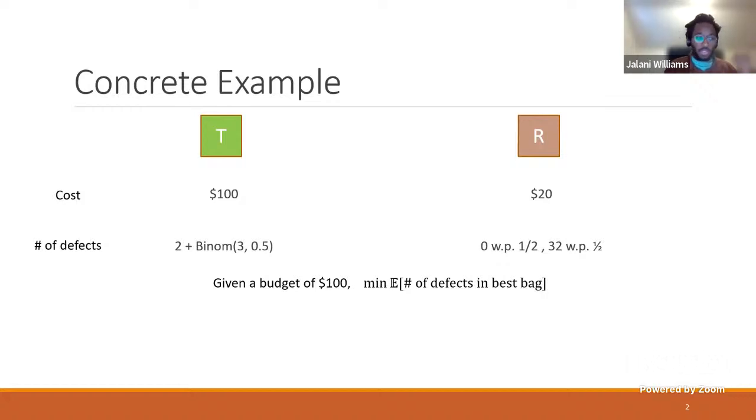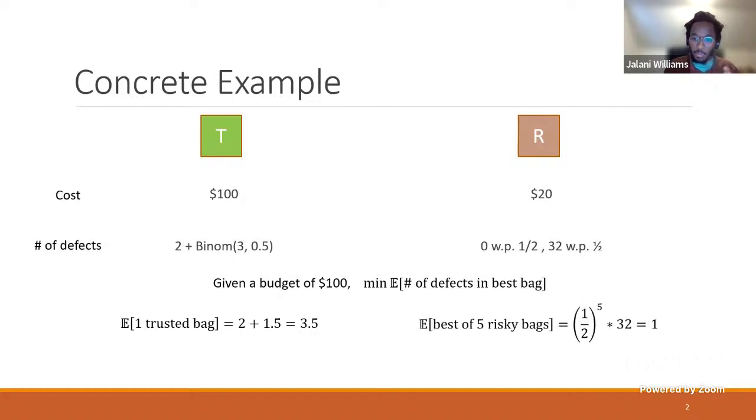We can either buy 1 trusted bag or buy 5 risky bags, right? And the expectation is actually pretty easy to compute in this case. If we get 1 trusted bag, then the expected number of defects is 3.5. Whereas if we buy 5 risky bags and take the best one, our expected number of defects is 1. Okay, and so in this case, we actually gain something from taking all of these risks.